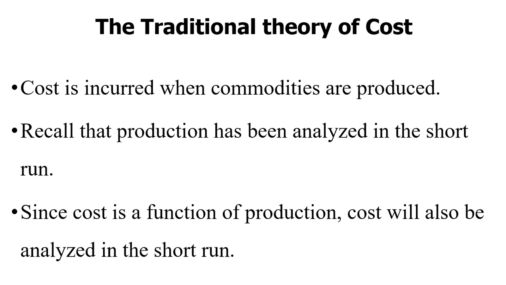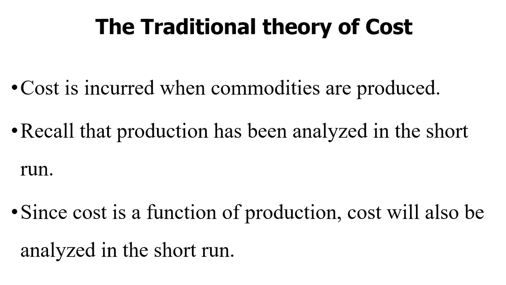We are going to look at the traditional theory of cost. As we have said earlier, cost is incurred when commodities are produced. When we are analyzing, there is a close link between cost of production and output produced. As I've said, production can be analyzed in two time periods, short run and long run.